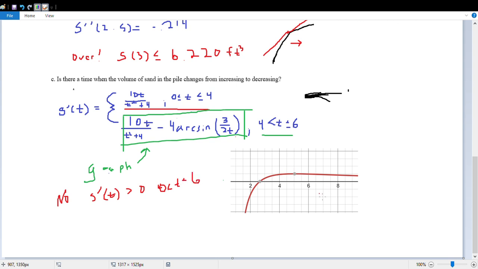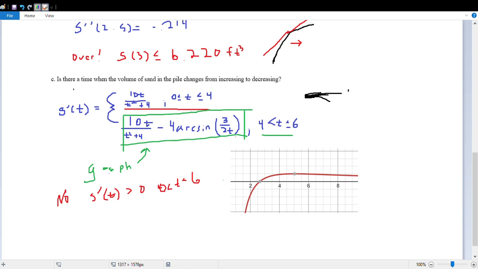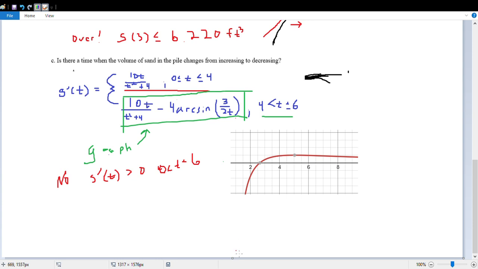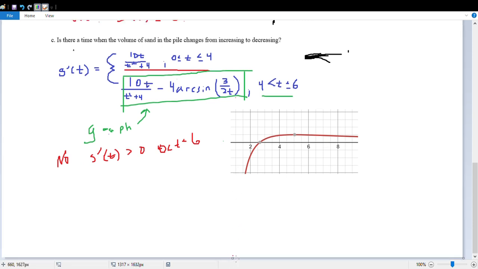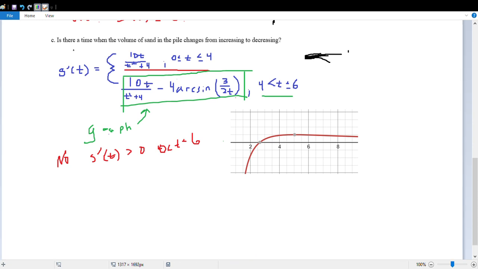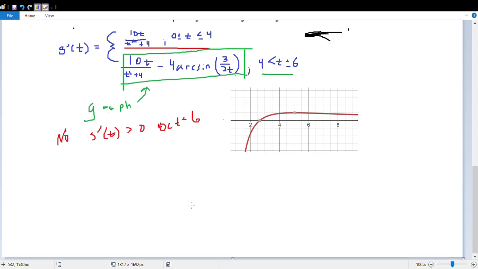All right, let's take a look at our last section. Let me just get some more room here. I think we have one more question to do.